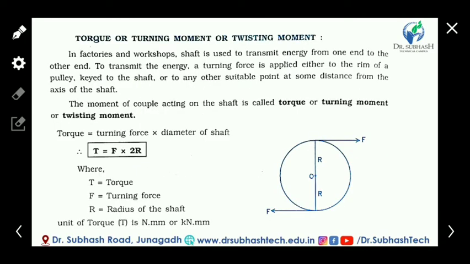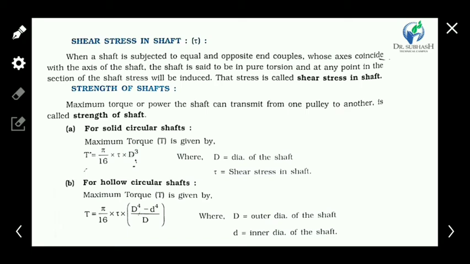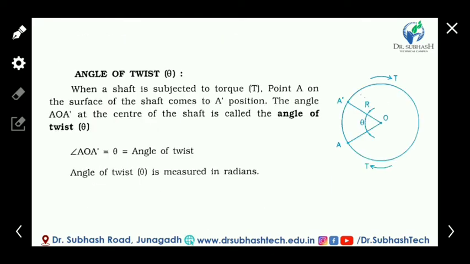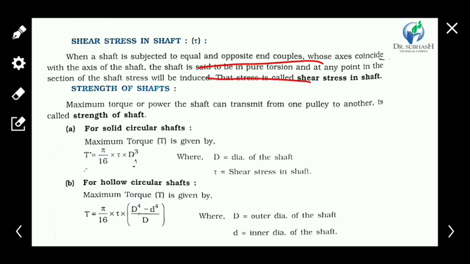Here we see the figure. If we provide opposite couples whose axis coincides with the axis of the shaft, then the shaft is said to be in pure torsion, and at any point in the section, stress will be induced.